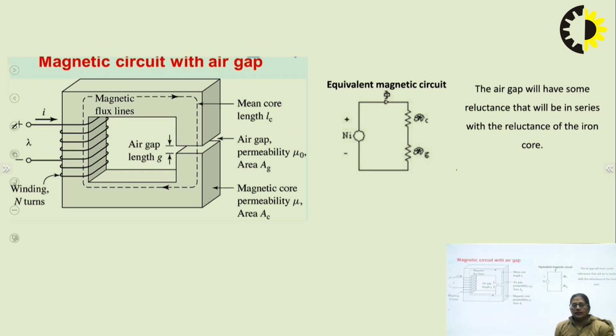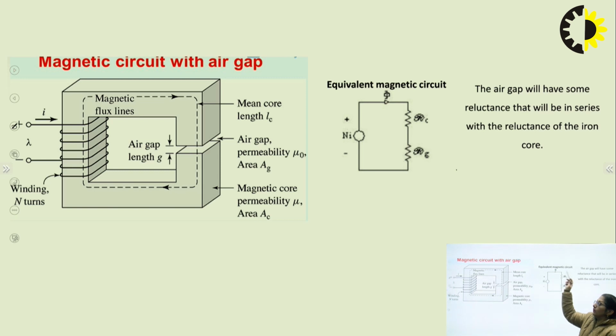Say a magnetic circuit has an air gap, right? The same circuit, but in the core I have an air gap. Now, how would this be represented? It has an air gap length LG and area AG. So, how can we now represent its electrical equivalent? Once again, the source is only one, so I'll have a single EMF source shown.